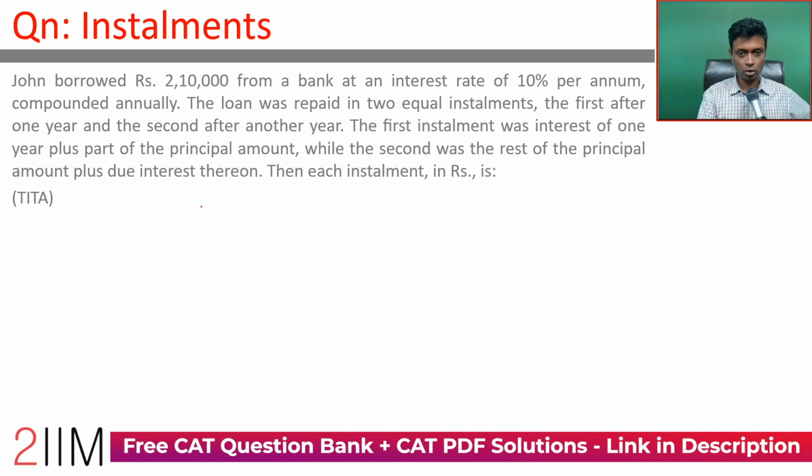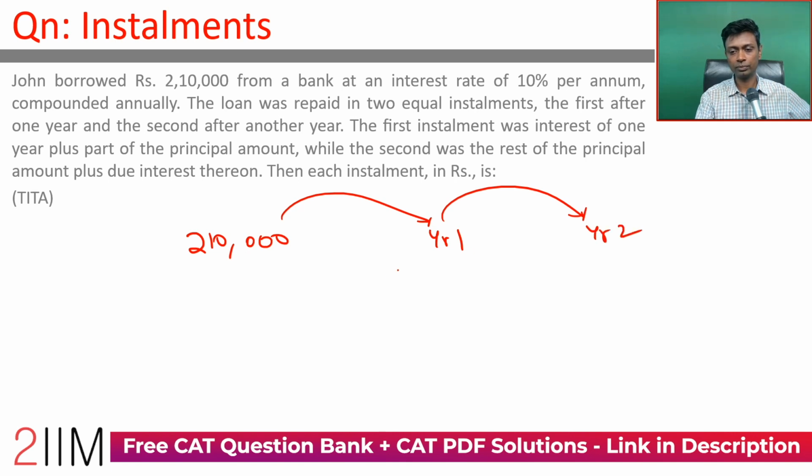So 210,000, year 1 and year 2. To start with, 210,000 at the end of year 1 will become 210,000 into 1.1. That will be the amount outstanding. And so 10% interest. At the end of year 2, this should have become 210,000 into 1.1 whole square.